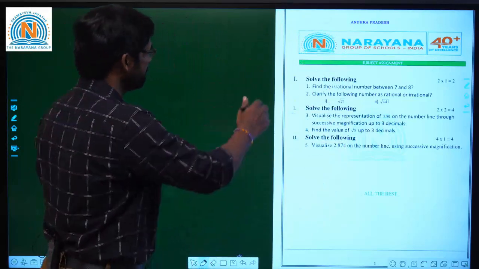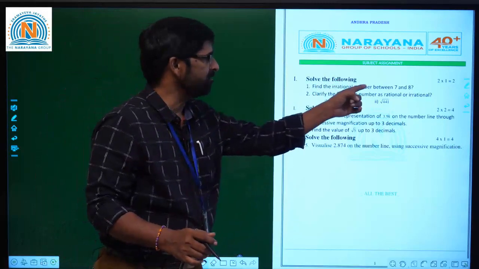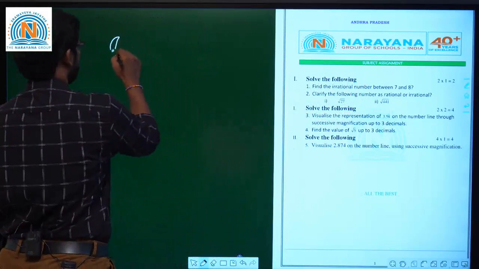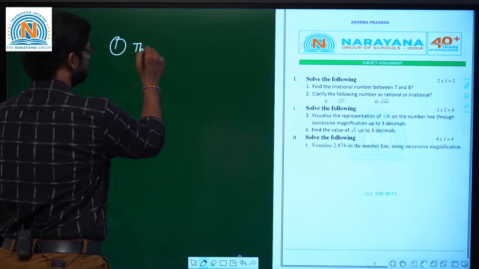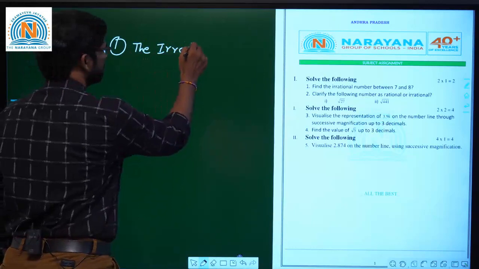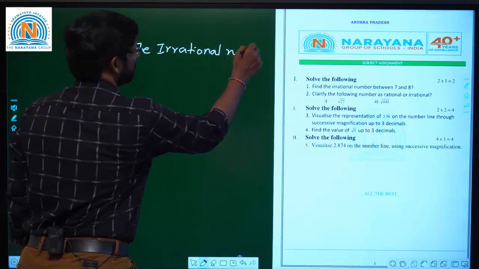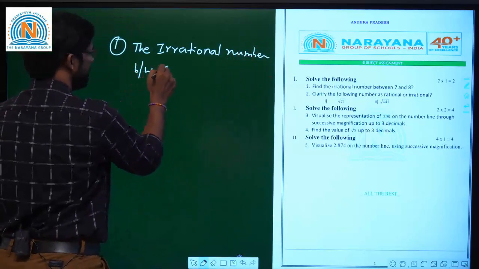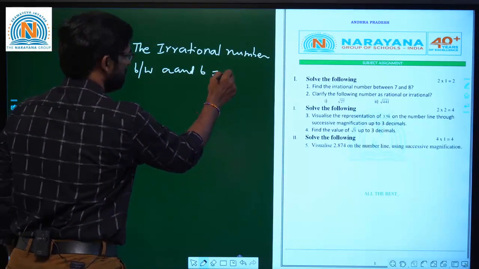Now in the first Roman, first question: find the irrational number between 7 and 8. The irrational number between A and B is root AB.